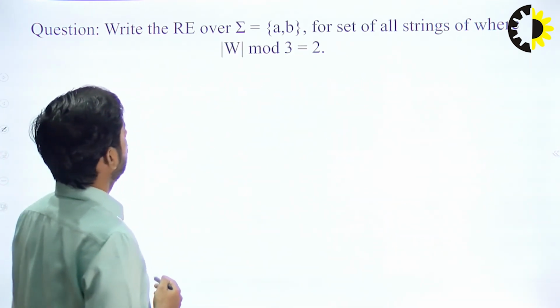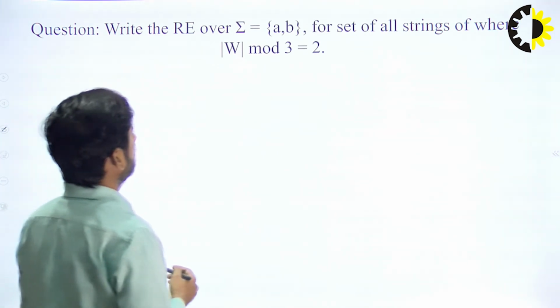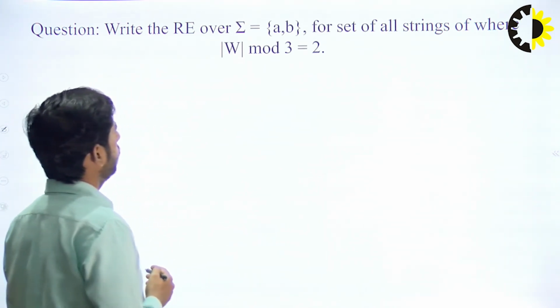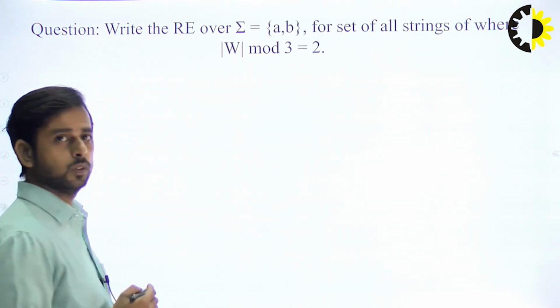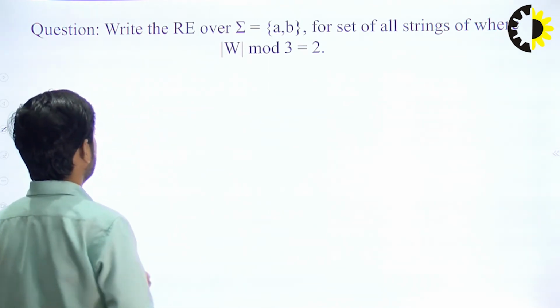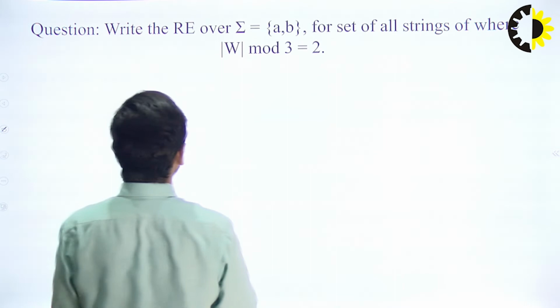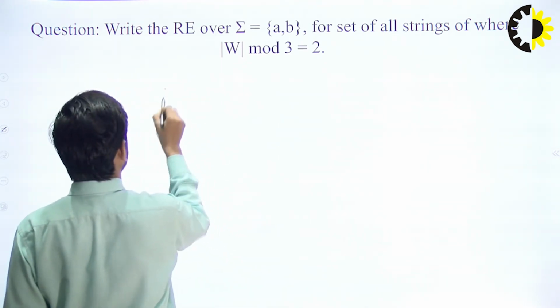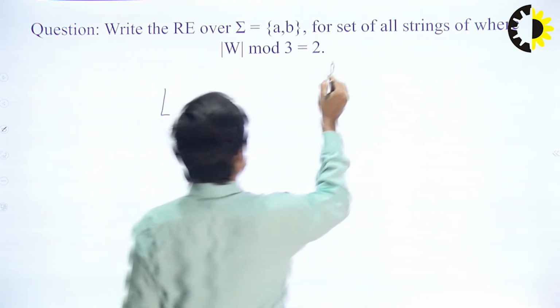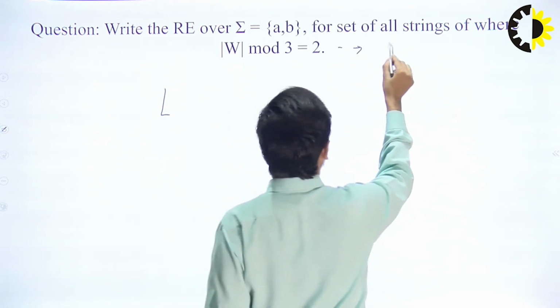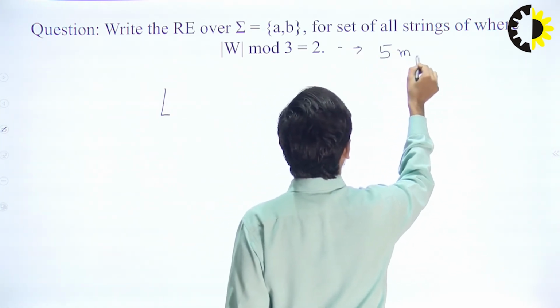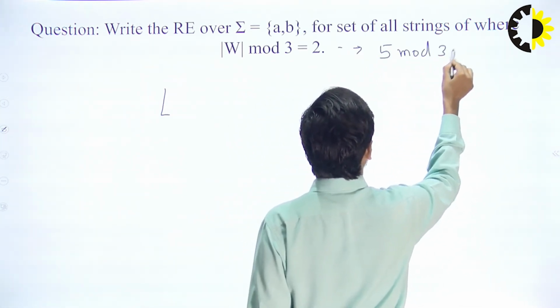Next, for set of all strings where length of string mod 3 equal to 2. Okay, length of string mod 3 equal to 2. So here what it means, suppose length is 5. 5 mod 3 equal to 2.